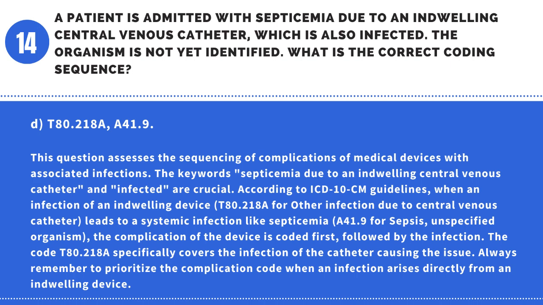According to ICD-10-CM Guidelines, when an infection of an indwelling device, T80.218A for other infection due to central venous catheter, leads to a systemic infection like septicemia, A41.9 for sepsis, unspecified organism, the complication of the device is coded first, followed by the infection. The code T80.218A specifically covers the infection of the catheter causing the issue. Always remember to prioritize the complication code when an infection arises directly from an indwelling device.